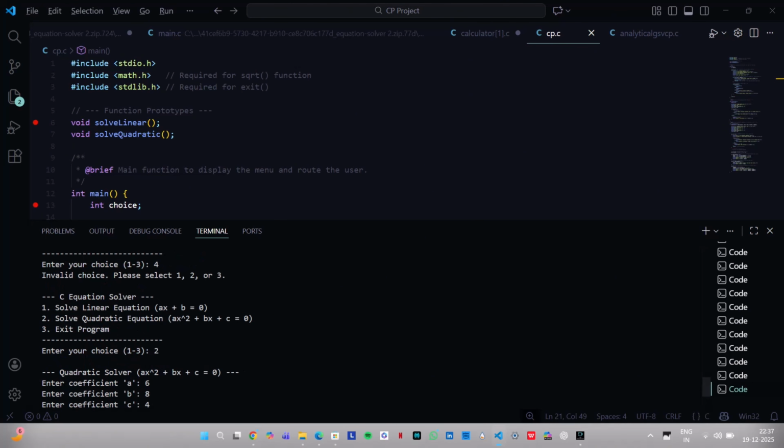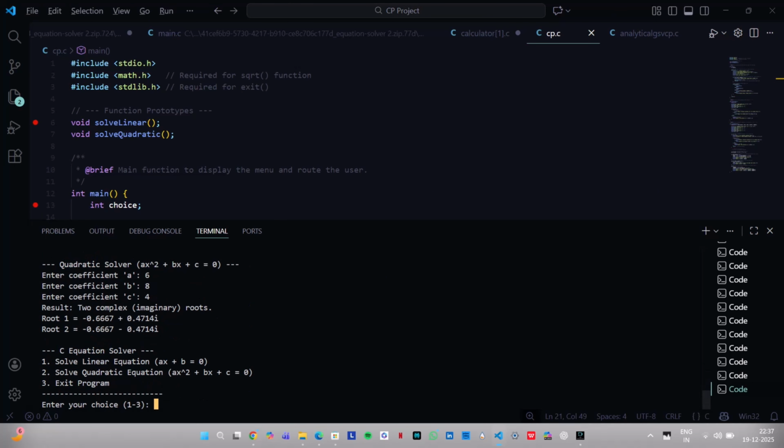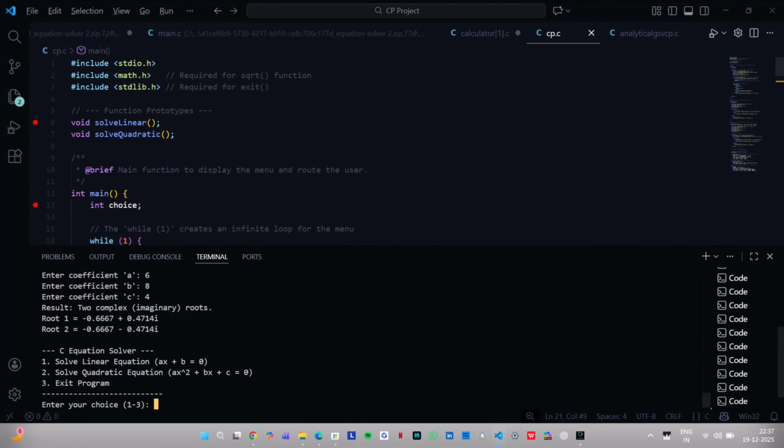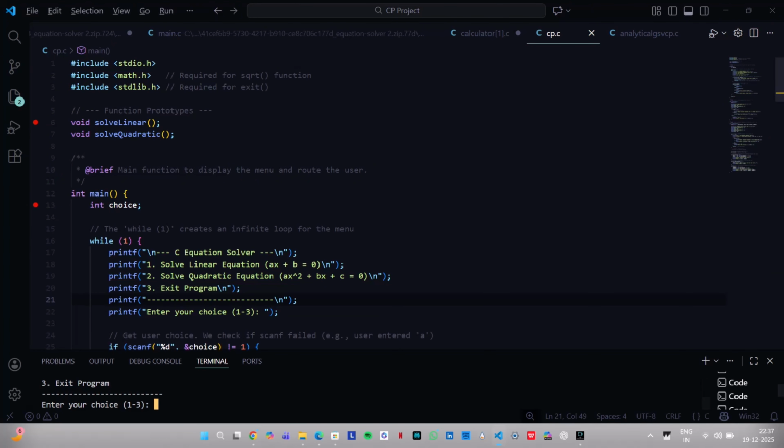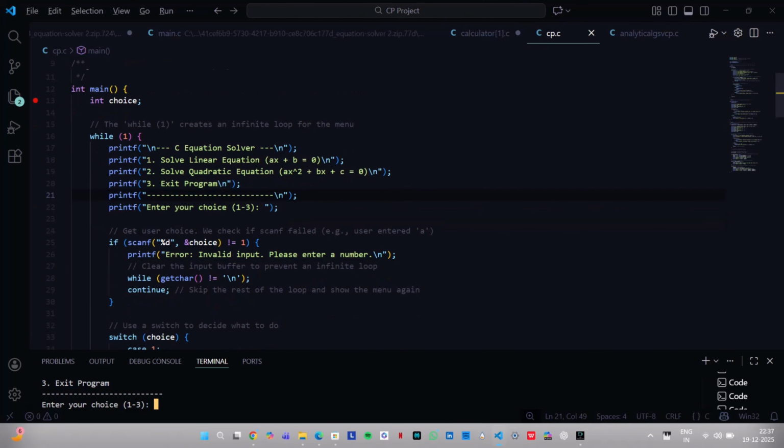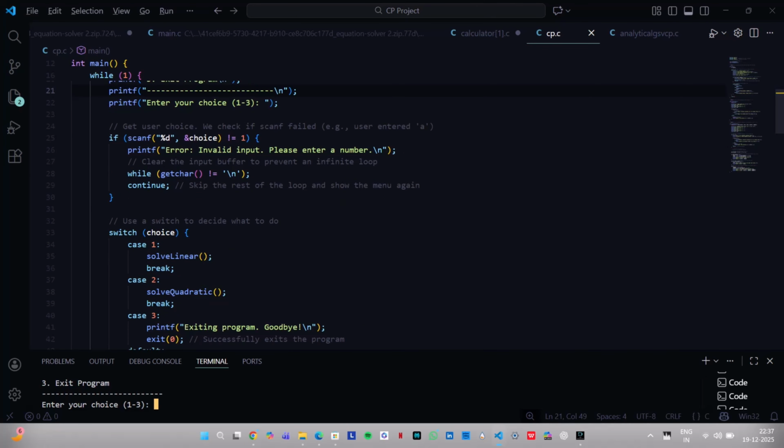So this is a well developed program. It restarts again, gives valid outputs for valid inputs, and solves quadratic equations efficiently. Let me explain some code from my program.